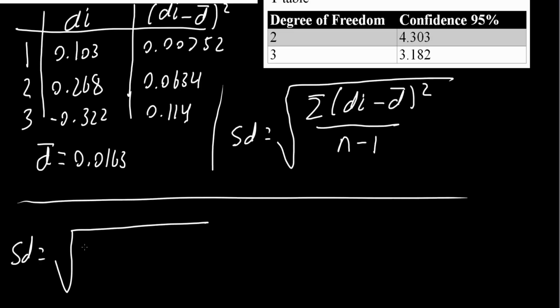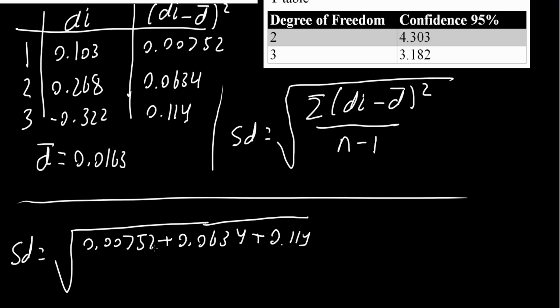So we add up these numbers. 0.00752 plus 0.0634 plus 0.114. And so this is this line right here, the summation of it, divided by n minus 1. So we have 3 terms. So n is 3, so 3 minus 1.